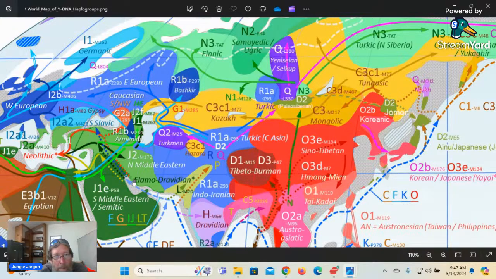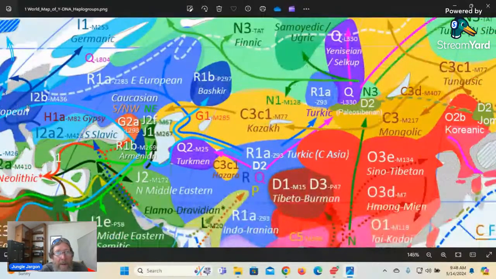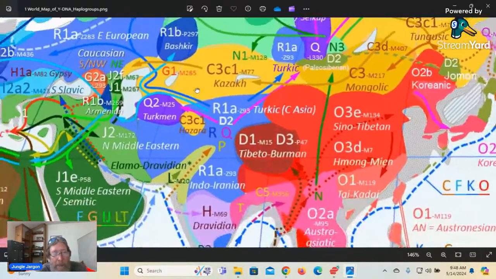But it doesn't mean that this is only J2 or this is only Q2 or this is only D or this is only R1a and this is only R1a up here. It just means that the majority of the population in this group are made up of these haplogroups.